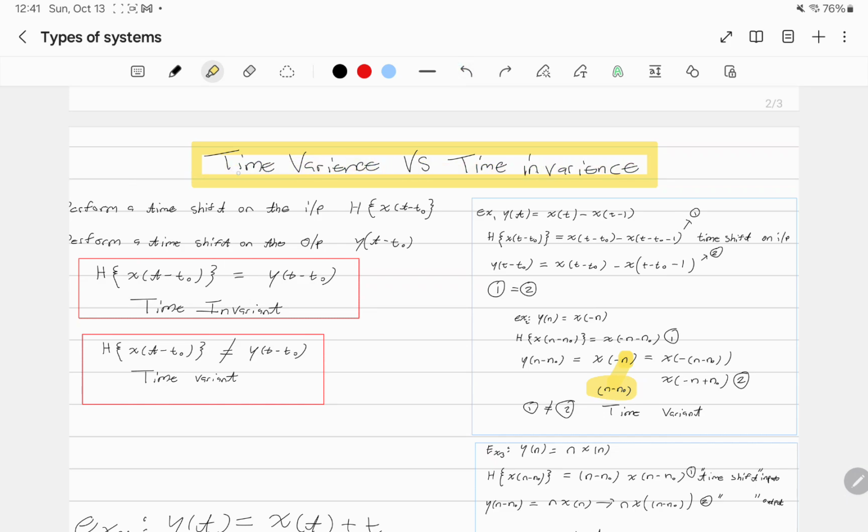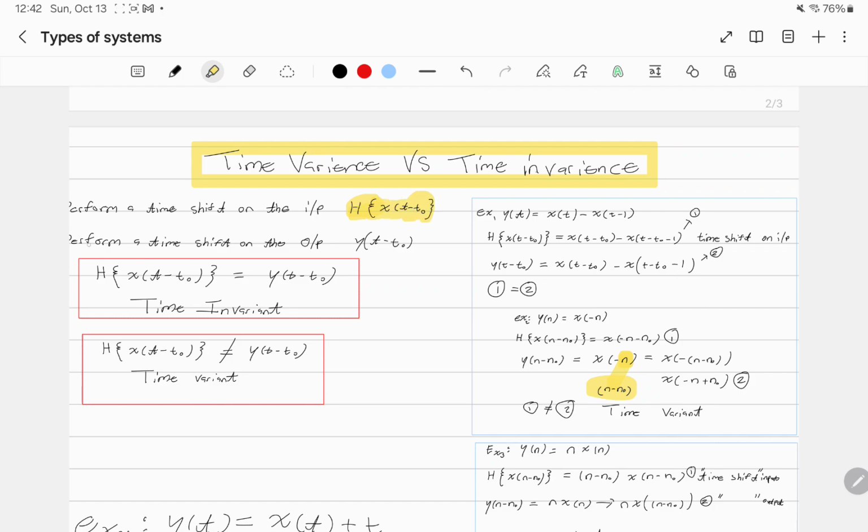To check if a system is time variant or time invariant, you perform a time shift on the input, which is represented by H of x of (t minus t naught). Forgot to put a bracket, but yeah.